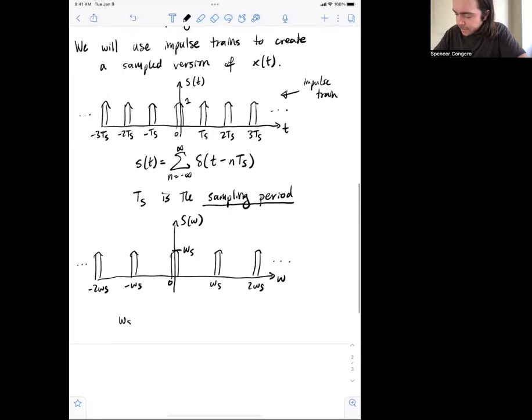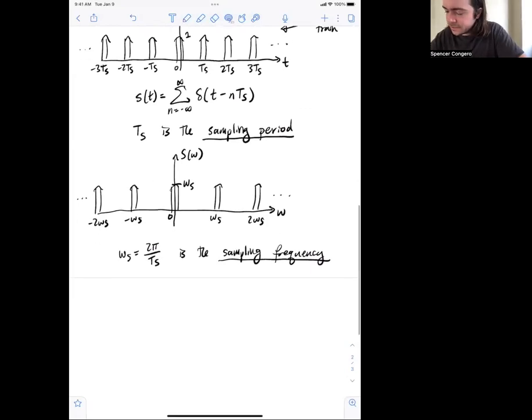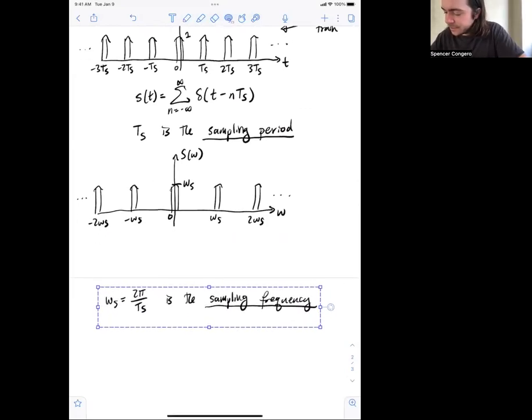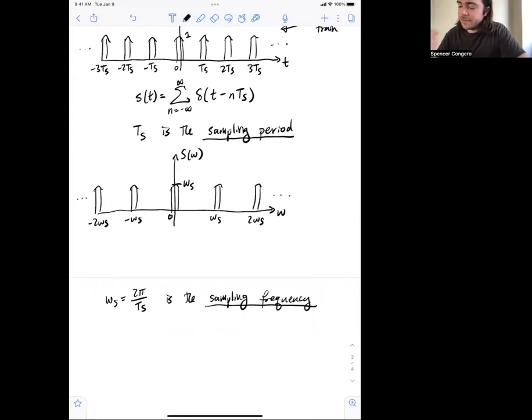That omega sub s, which is 2 pi over t sub s, is going to be the sampling frequency. Actually, I also wanted to write mathematically what this function is, so I'll move this down for a second. Okay, so that's what we call the sampling frequency.